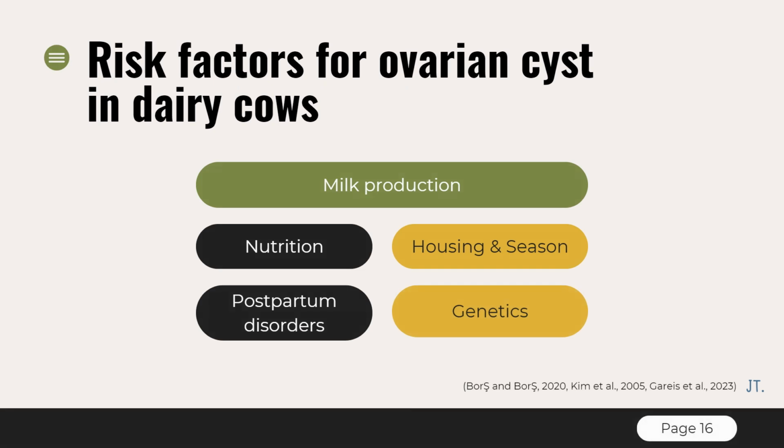Next, risk factors for ovarian cyst in dairy cows. First, cystic ovaries are rarely observed in high-yielding dairy cows during the first months postpartum, and milk yield is generally considered a risk factor. Second, nutrition factor.